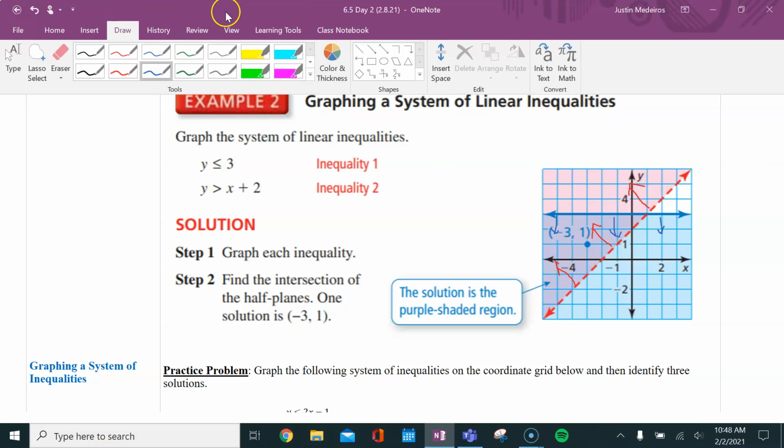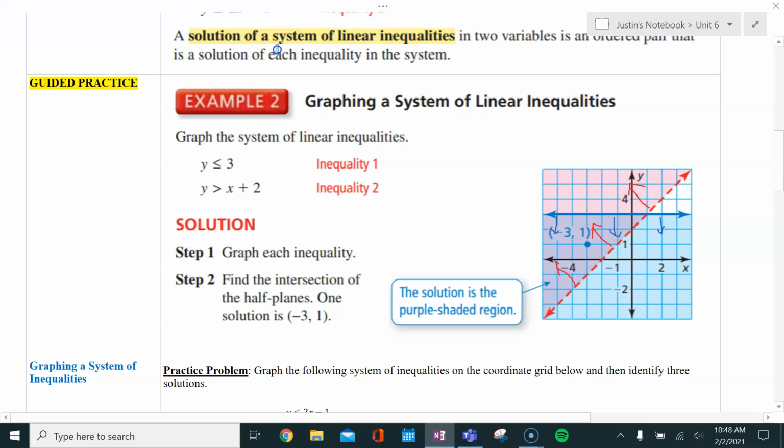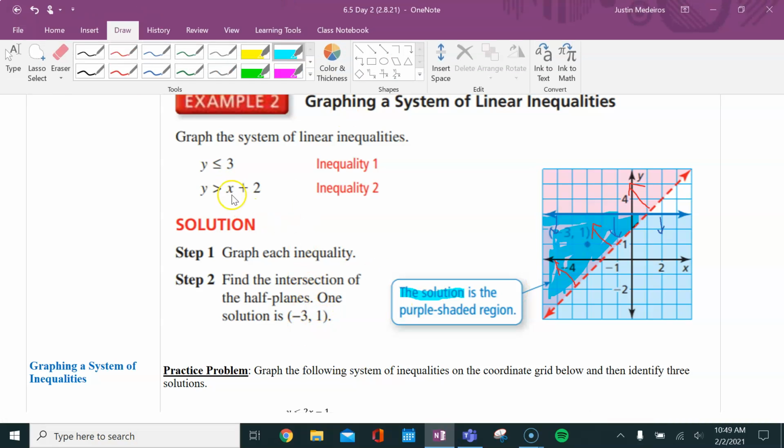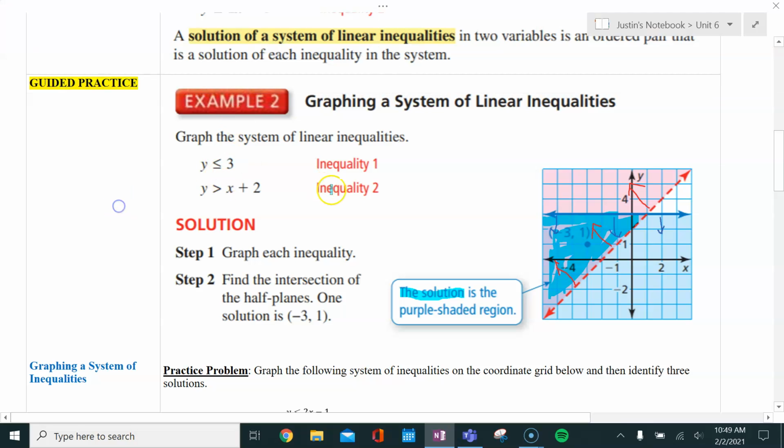As you can see, there is an overlapping shading, which is this area right here. This whole area is called the solution, and we can pick any point here. Specifically, they picked point -3, 1, which is right here. That would be considered a solution. Again, if I took the x and the y and put them into the inequalities above, it would hold true.